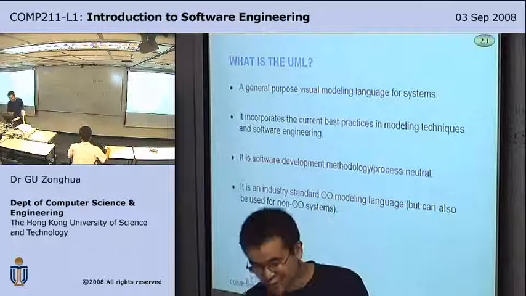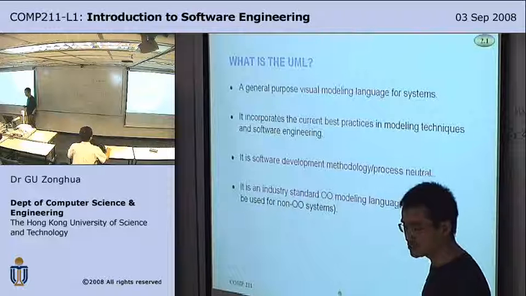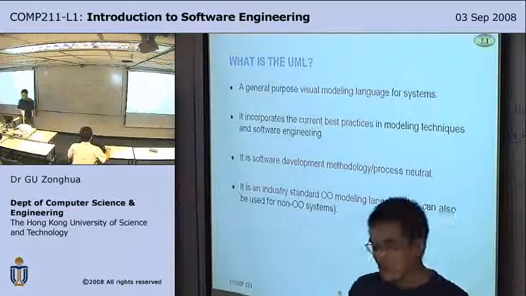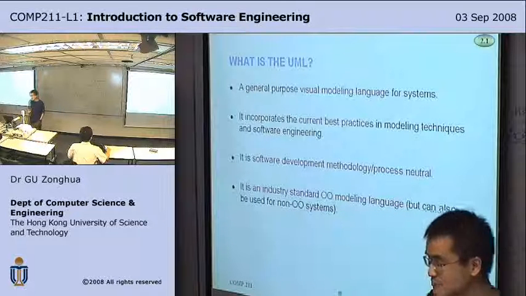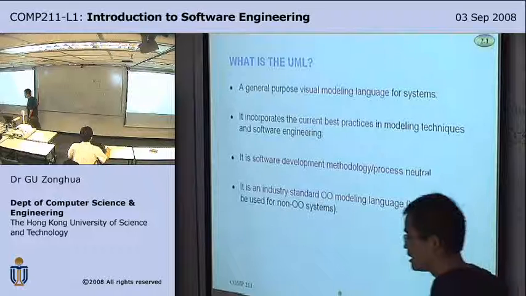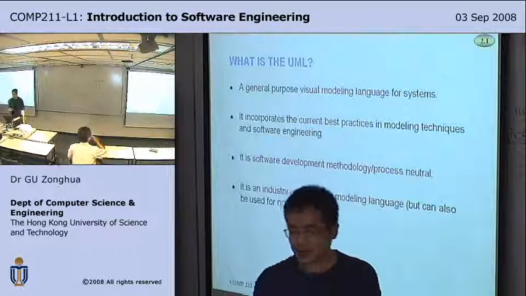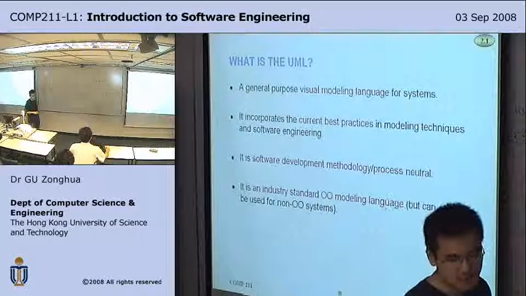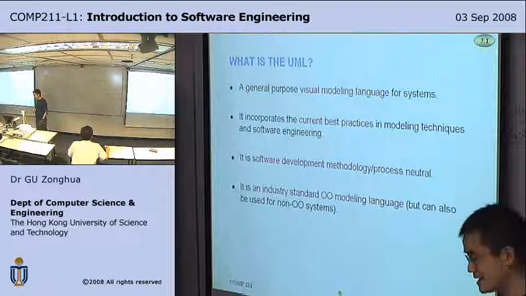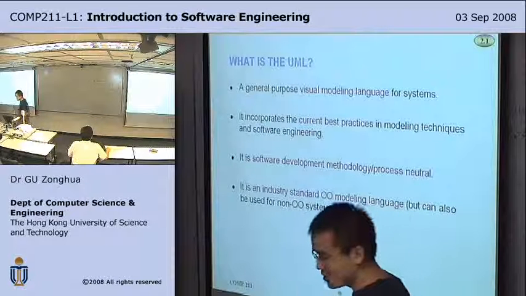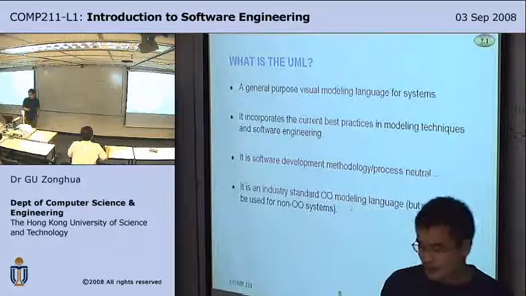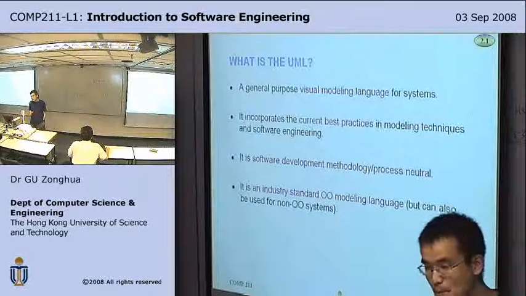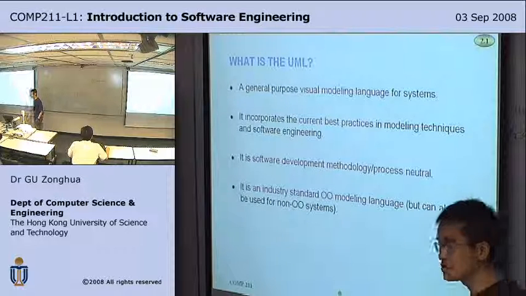So it's an industry standard modeling language. It's an object-oriented modeling language. You learned object-oriented programming before. With C++, you have classes, inheritance, and so on. Now this is an OO modeling language, so there should be a straightforward mapping to an OO programming language.